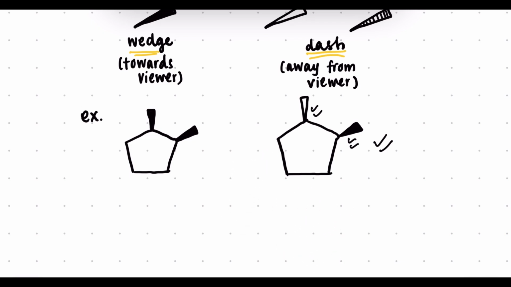Now, if you were to mention this compound, this is also the same because, if you flip the compound over, like let's just say right now it's facing one side and you flip it over on the other side, then you would get this compound.